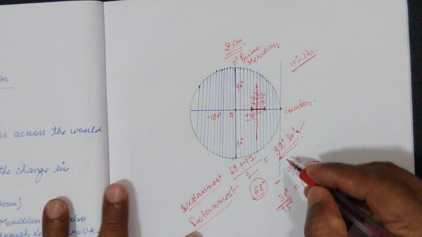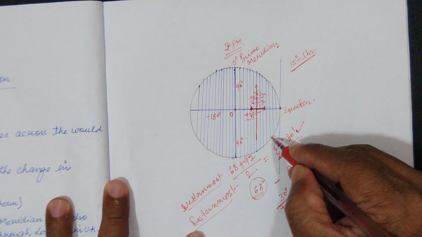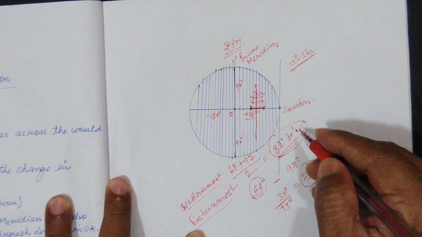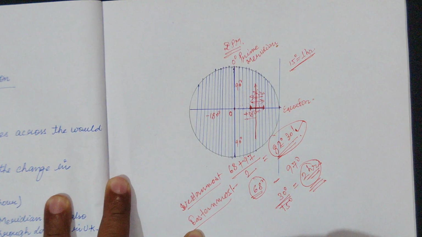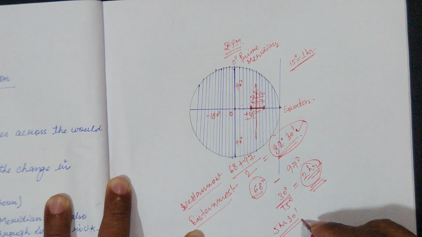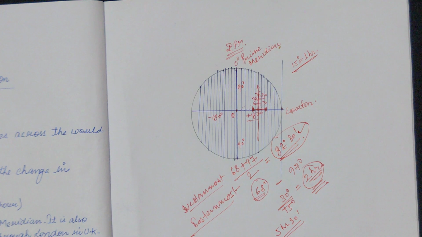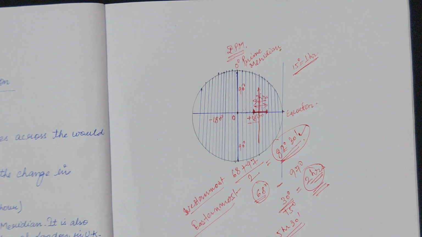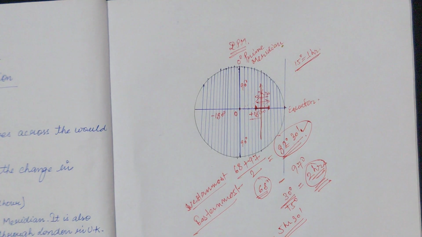How much is the difference from the prime meridian in India? 82 degrees, right? It will be divided by 15 degrees. How much will it come? 5 hours 30 minutes. It means the difference of timing from the prime meridian in India is 5 hours 30 minutes. So I have explained all the time zones for you.